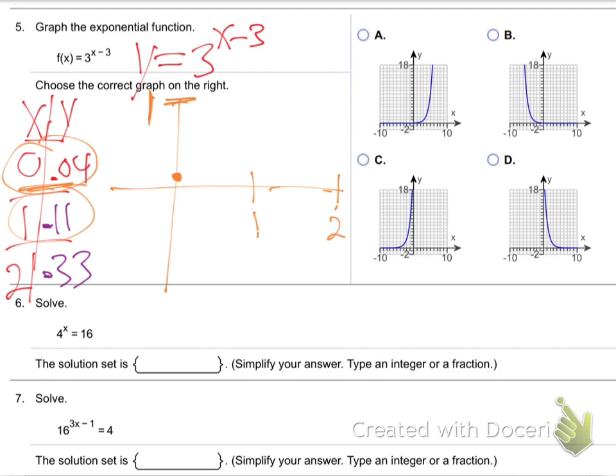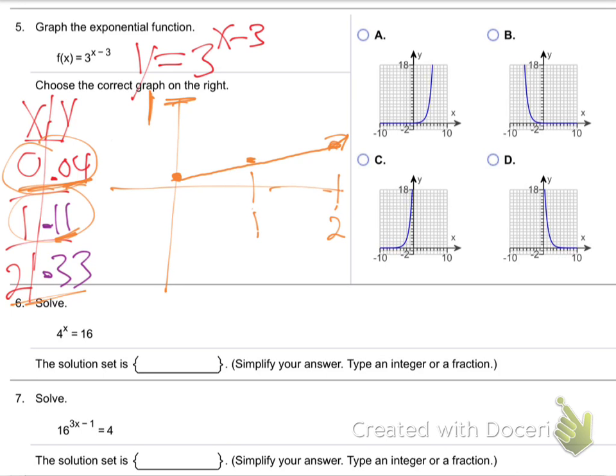Over 1, up just a little bit more, because 0.11 is higher than 0.04. And over 2, up just a little bit. So it's slowly coming up, isn't it? Everybody see how I'm getting that? Think about money. 4 cents, 11 cents, 33 cents. It's coming up slowly.